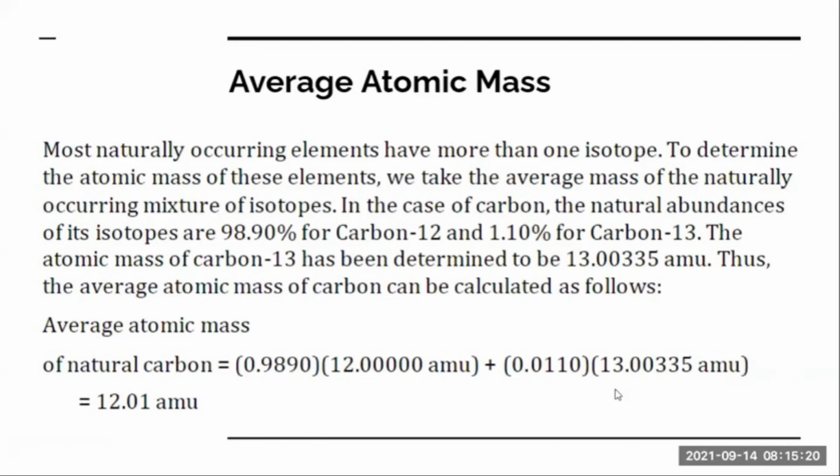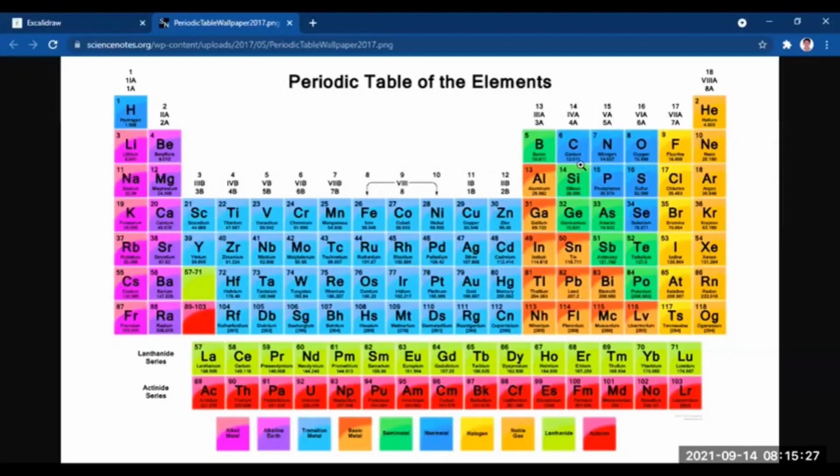Going back to our periodic table, we can see that the average atomic mass of carbon is 12.011 atomic mass units. In other words, the atomic mass that we are seeing in the periodic table is the average atomic mass of an element.